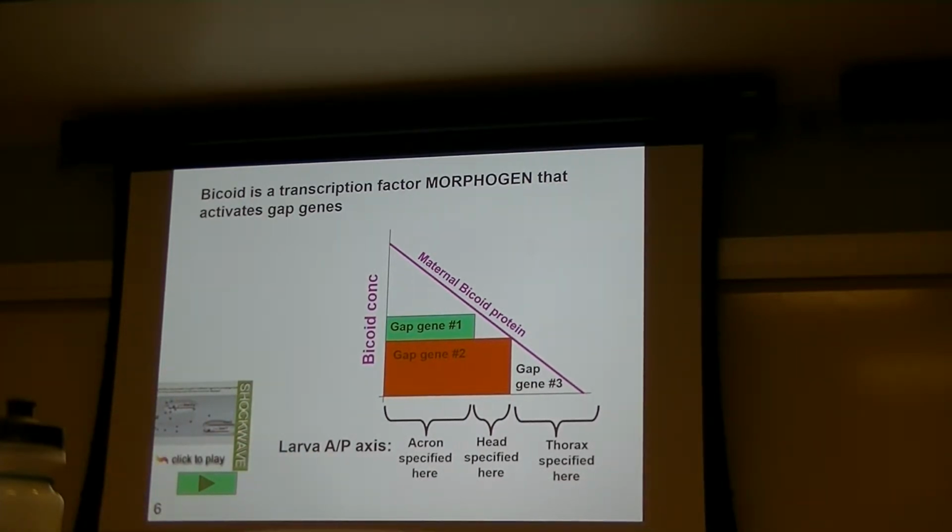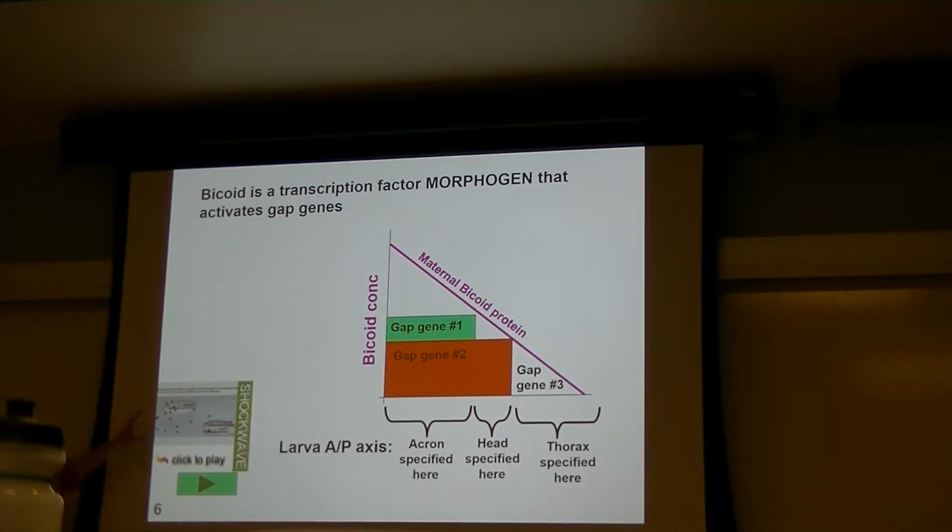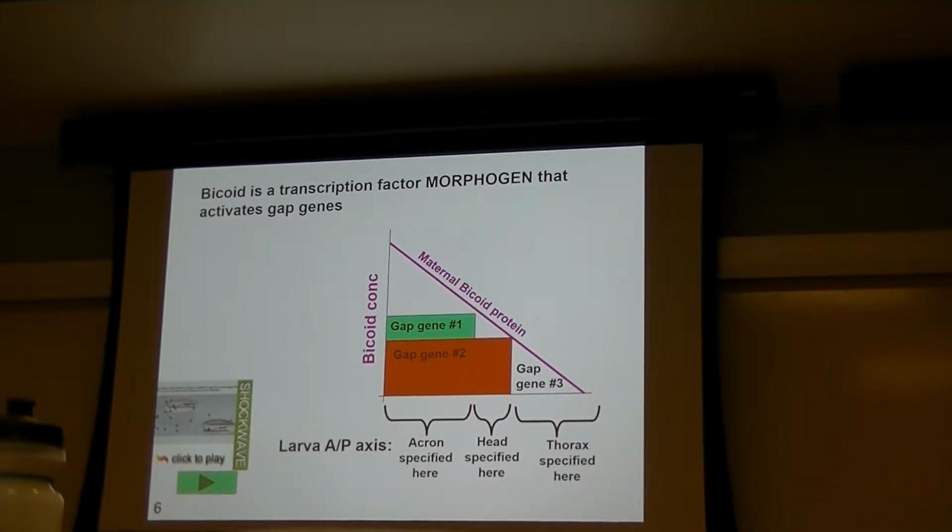There are some nice little animations and videos and a nice tutorial on this website called FlyMove. I meant to tell you, I made a new folder on RAMCT that has websites and videos. A lot of the videos that I showed in class, or maybe didn't have time to show, if you want to go and look at those on your own, you can find them there in that folder.